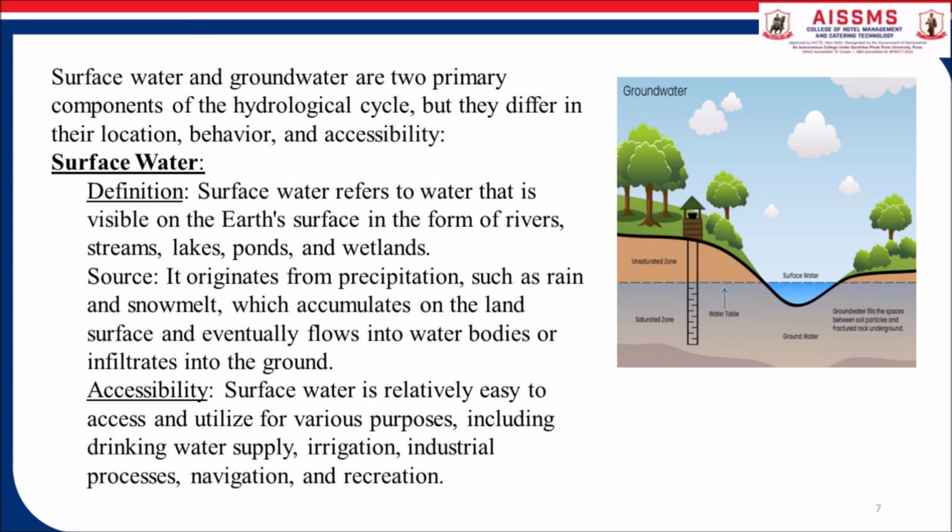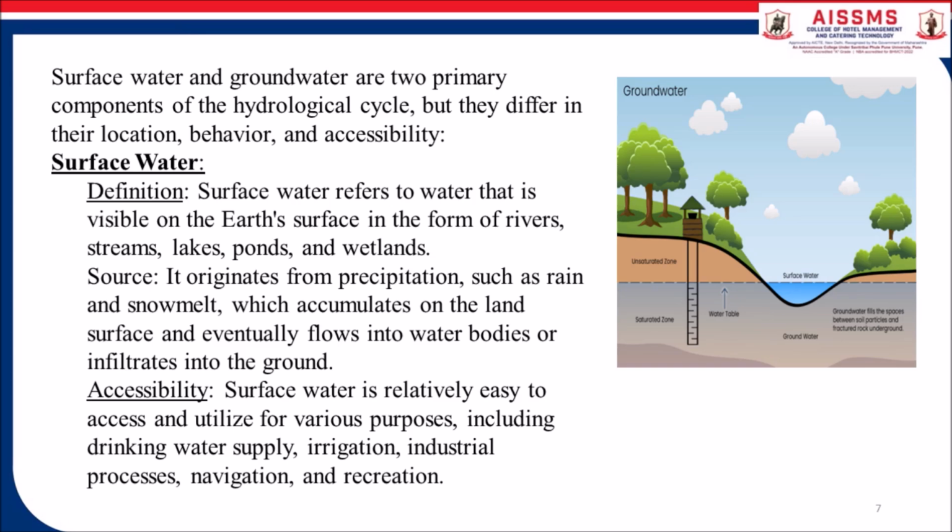Surface water refers to water that is visible on the earth's surface in the form of rivers, streams, lakes, ponds and wetland sources. It originates from precipitation such as rain and snow melt, which accumulate on the land surface and eventually flow into water bodies or penetrate into the ground.